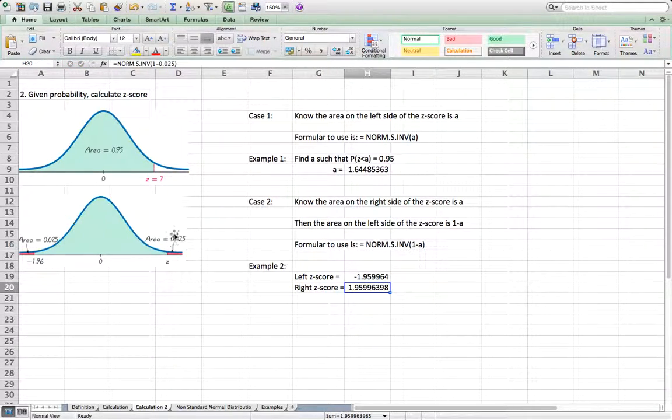However, for the right side one, you are given the tail value, so you need to use 1 minus this tail value to get the area on its left side. So the formula used is NORM.S.INV(1 minus 0.025). Okay?